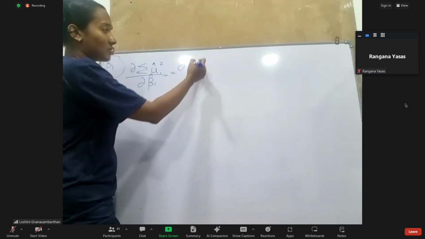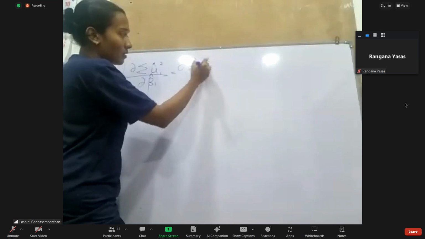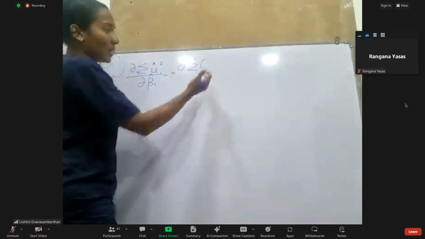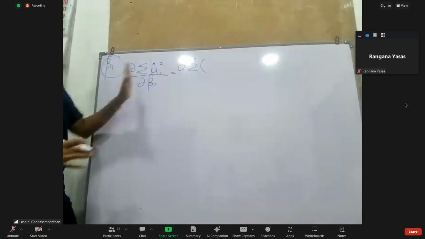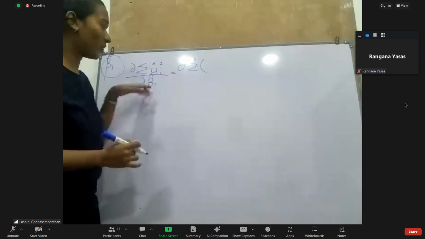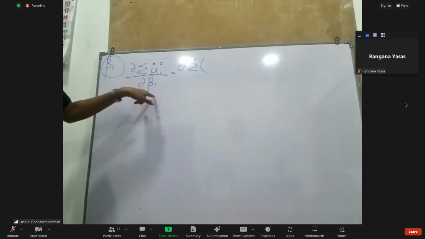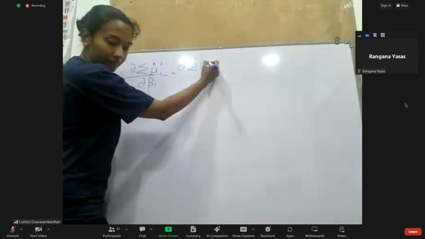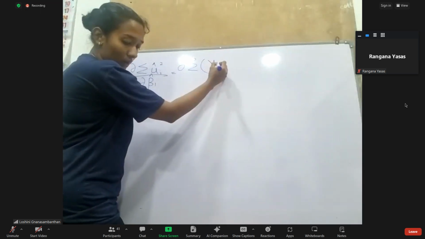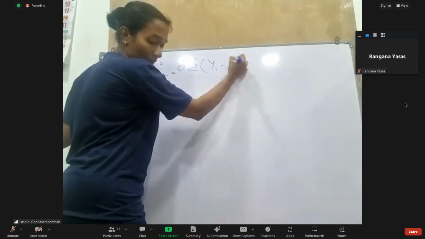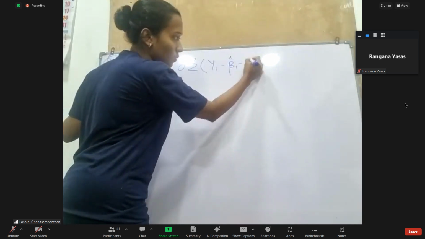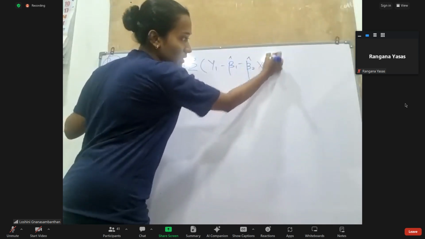So we can expand this. We found that this sigma ui hat square is now, this derivative sign will come, okay? Because we are going to differentiate with respect to beta 1 from this, right? Sigma of yi minus beta 1 hat minus beta 2 hat xi, whole square.